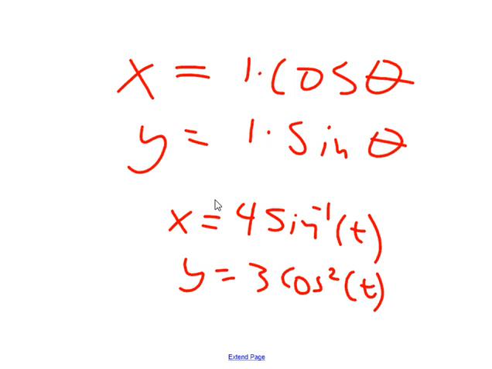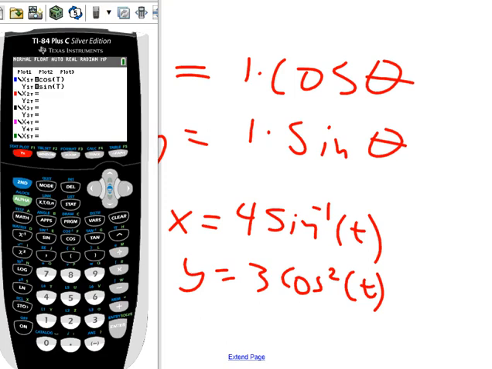Just see if you can put that all in the calculator. I'm going to pause for a second while you do. And by the way, nobody asked me an important question. To be able to finish this, you need to know the domain. Let's say t is between 0 and pi, because if you don't tell people that, they can't know how the graph should finish.